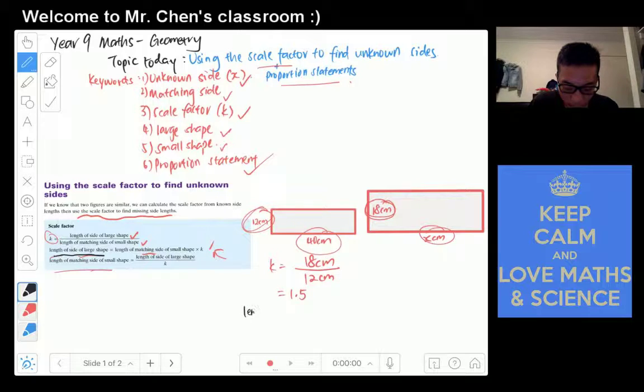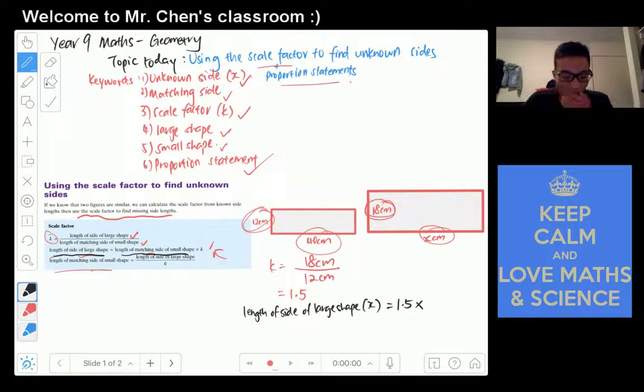So length of side of large shape, which is x, equals the length of the matching side of the small shape, which is 40 centimeters, times k.